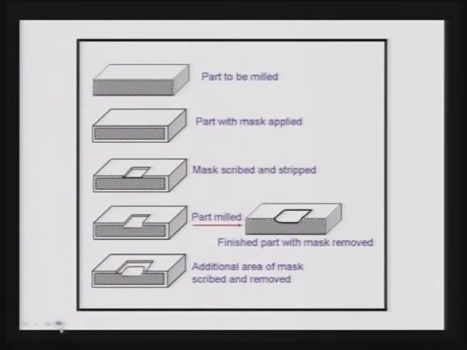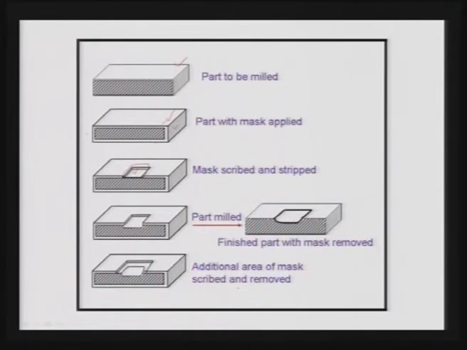The same procedure is again explained for creating a blind cavity. This is the part to be milled, you can call it chemical milling, and then the part with the mask applied, you can see a layer of the maskant has been applied all around on all the faces. Then you are supposed to remove the maskant from this area where the chemical reaction is to take place.